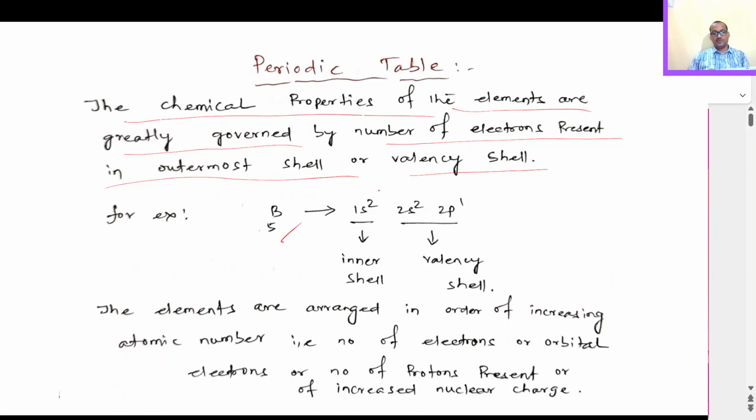The electronic configuration is 1s2, 2s2, 2p1. So this 1s2 is the inner shell and 2s2, 2p1 is the valence shell. The elements are arranged in the increasing order of their atomic number, that is the number of orbital electrons, or the number of protons present, in terms of increased nuclear charge.